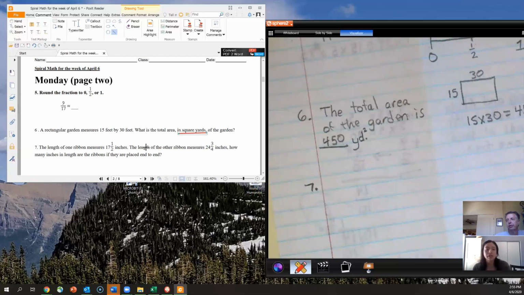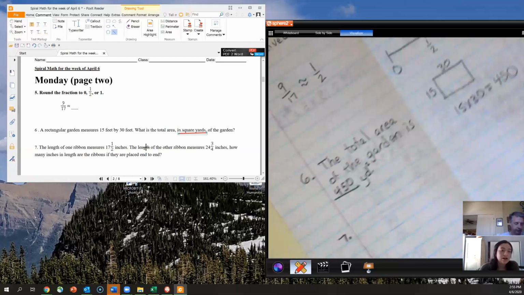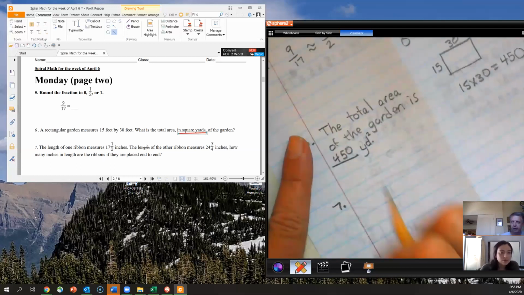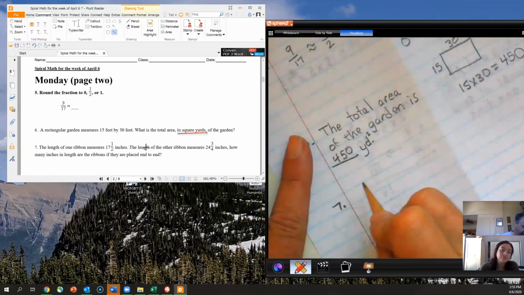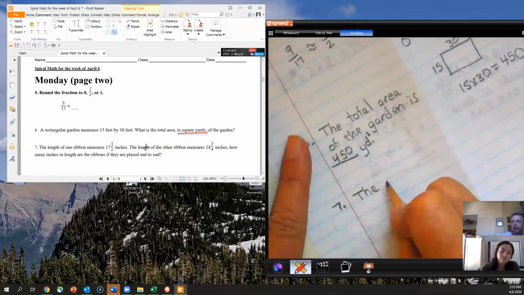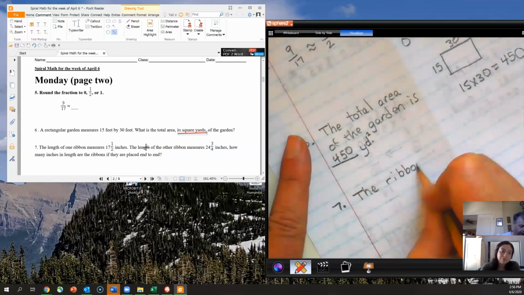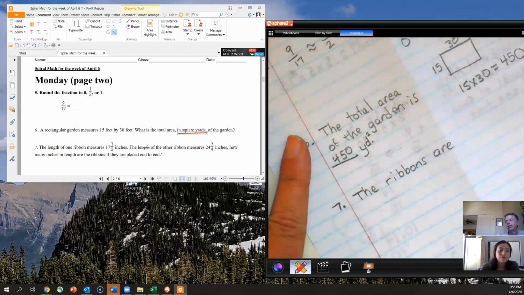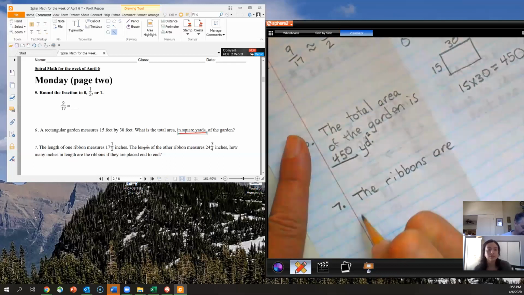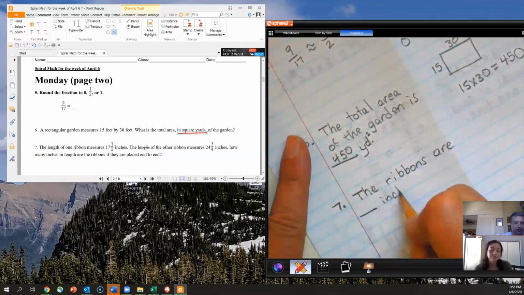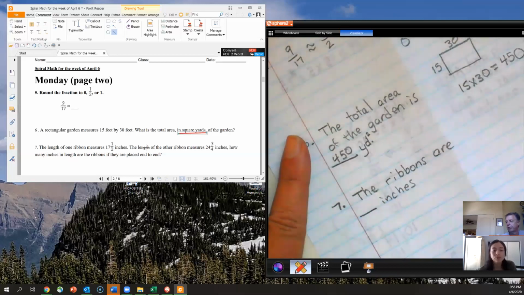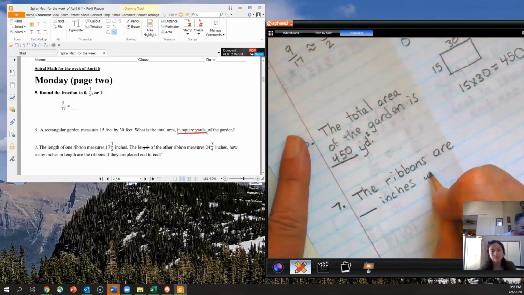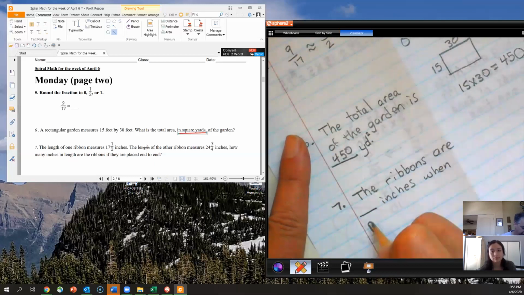So boys and girls, for your answer sentence on this one, you should have: The ribbons are blank inches when placed end to end.